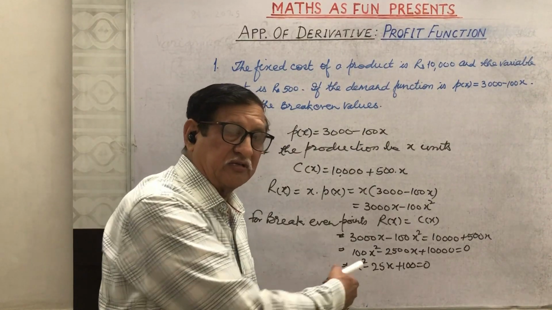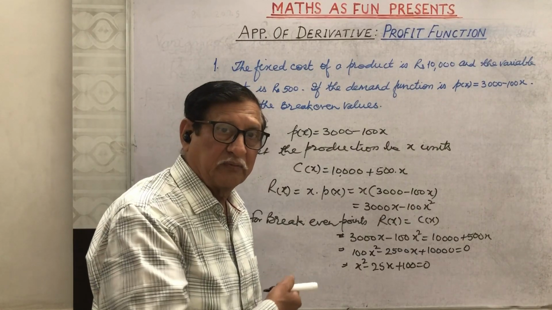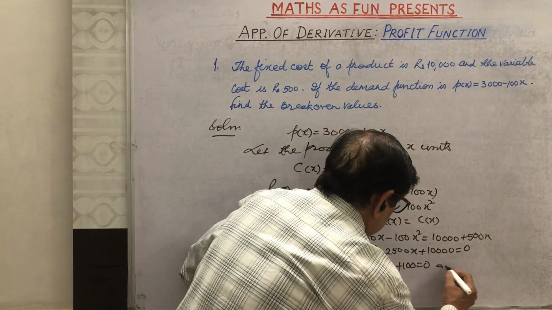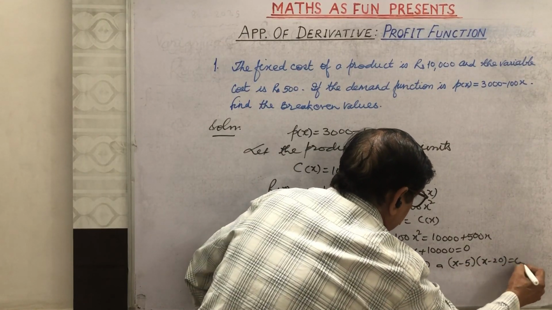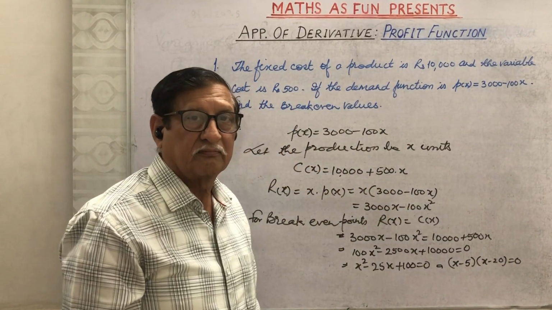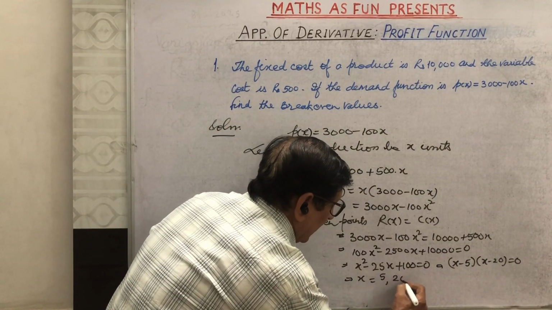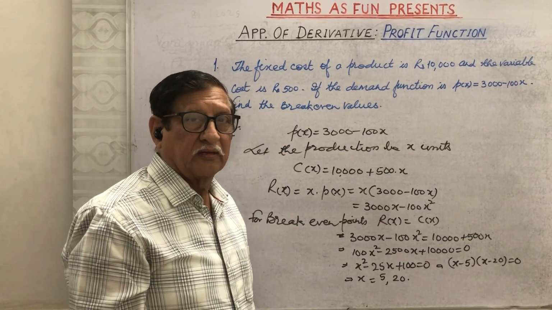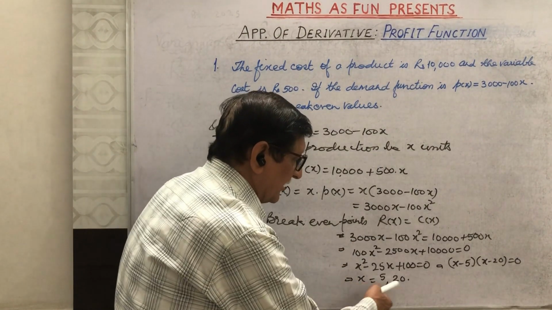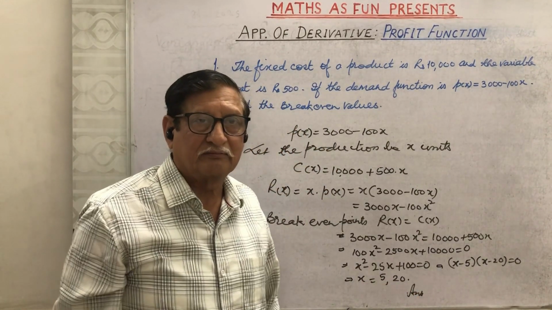Then we can factorize it by the middle term split method. And that gives us (x minus 5) into (x minus 20) is equal to 0. From this we get the values of x as 5 and 20. So the break-even values are 5 and 20 for this particular problem.